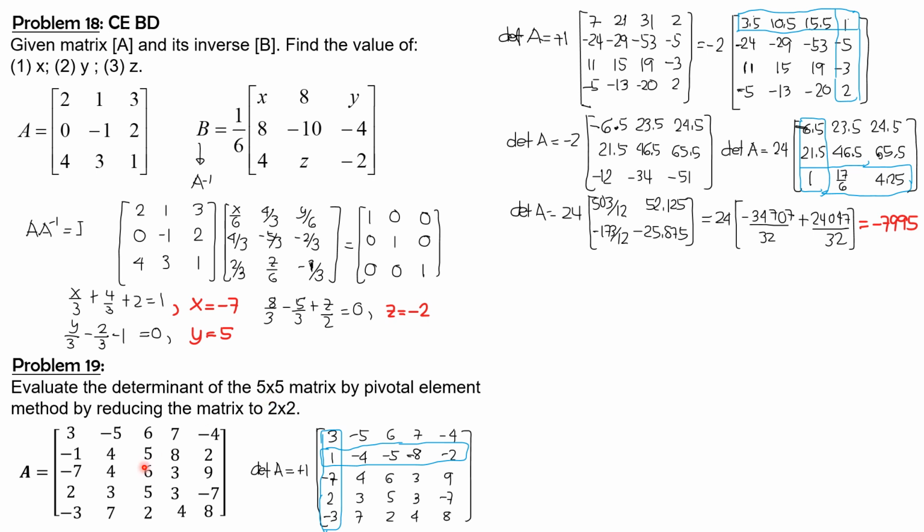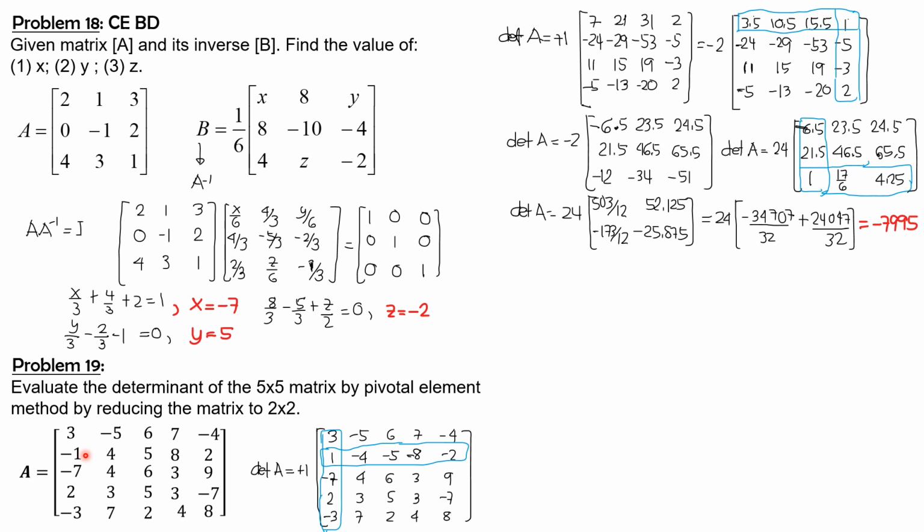Okay, so in this case, first I'll find a pivot element, which is 1. We cannot find 1, so I factor out negative 1 here. So negative 1, but remember there's an alternating sign, plus, minus.